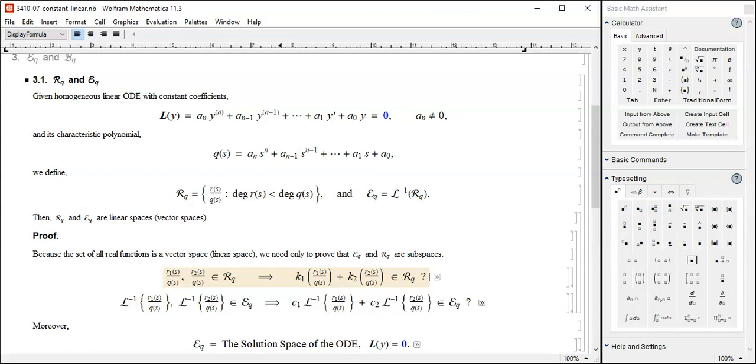In other words, we only have to check whether this set is closed under linear combination. That is, k1 and k2 times arbitrary elements of R_Q, r1 over Q plus r2 over Q, belong to R_Q back again or not.